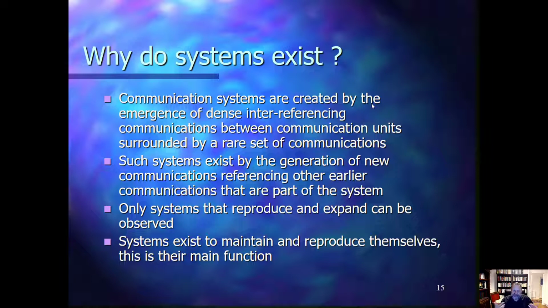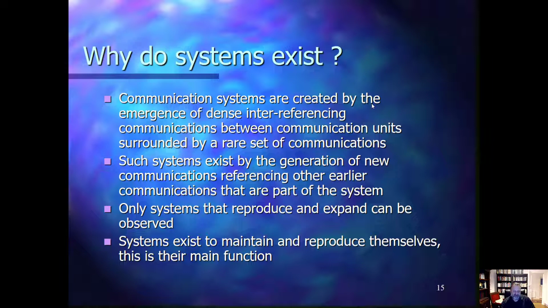So the system generates itself by referencing previous communications of the system. In this way, the system reproduces itself by having communications which follow its rules. And only those systems can be observed that reproduce themselves and possibly expand themselves. Systems which don't do that, which have no communications, cannot be observed.